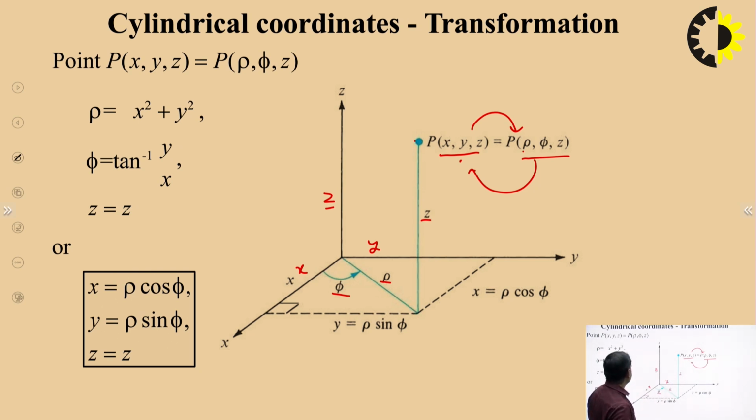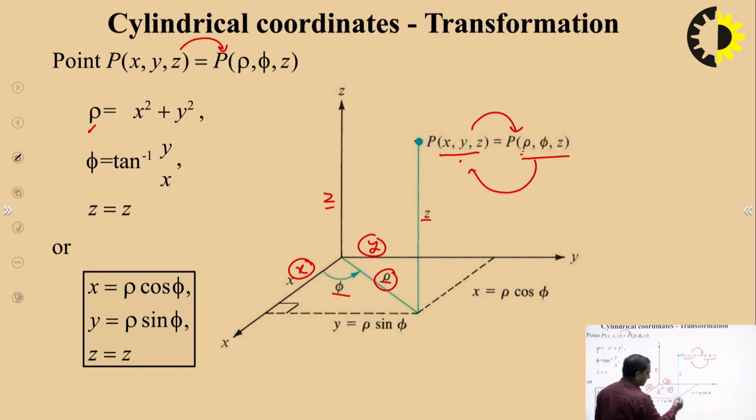Now we are transforming the Cartesian coordinate system to the cylindrical coordinate system, right? It means x, y, z is given, and we have to calculate rho, phi, z. The first one is rho. Rho is nothing but the resultant of x and y, right?